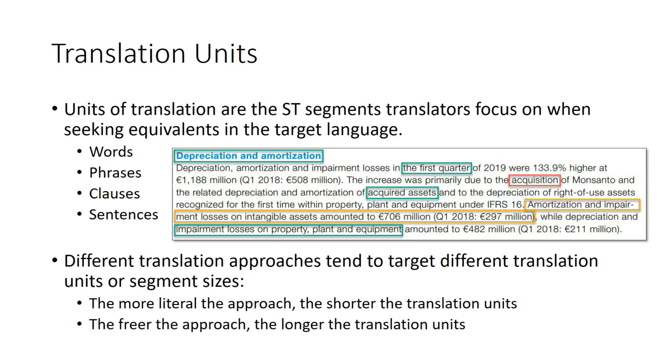So there's a relationship between the translation unit size you focus on for equivalence and the translation approach. For example, just to generalize, the more literal the approach, the shorter the translation unit tends to be. Whereas the freer the translation approach, if you're doing the creative approach, right, the longer the translation unit tends to be.